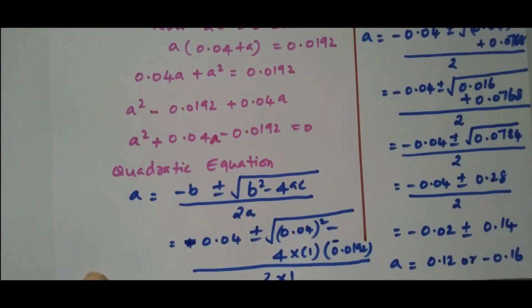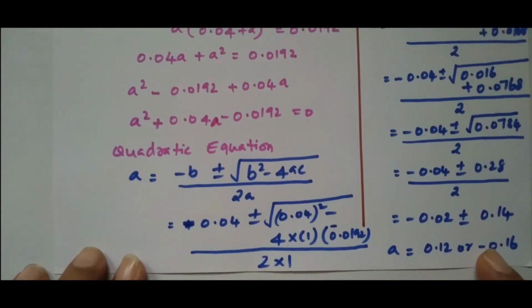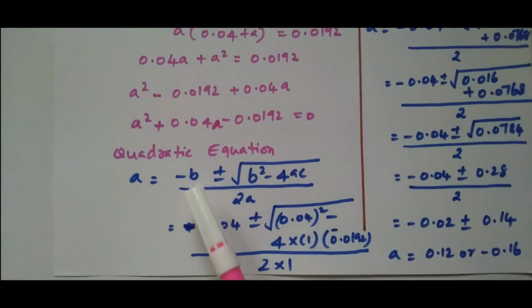So this B value is 0.04, with the minus sign already there, plus or minus the square root of B square, 0.04 square, minus 4 into A, where A value is 1 and C value is minus 0.0192, divided by 2 into A, where A value is 1.